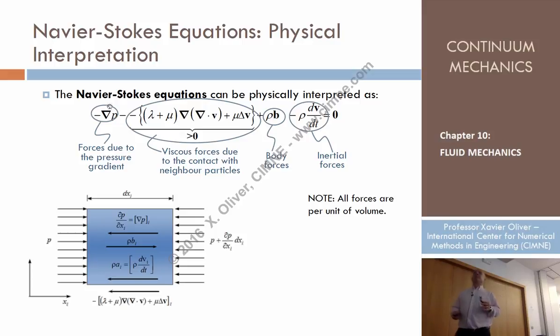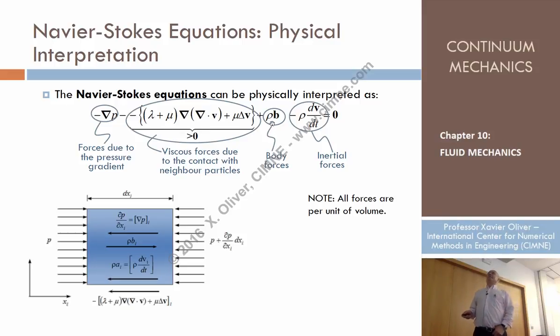So this force here, including the sign minus, is nothing else than the forces due to the gradient of pressures, the balance due to the gradient of pressures at one side and the other side of the particle. That is one.